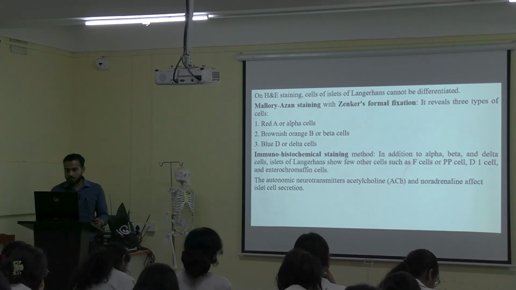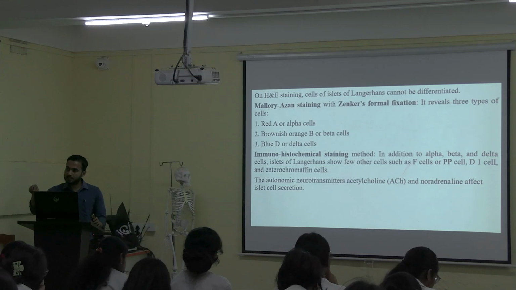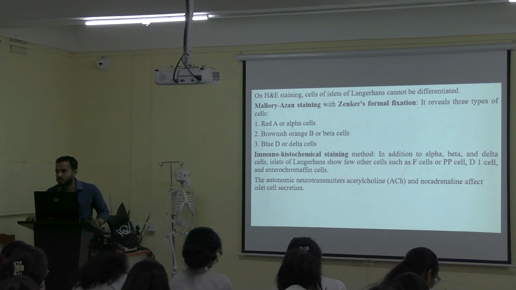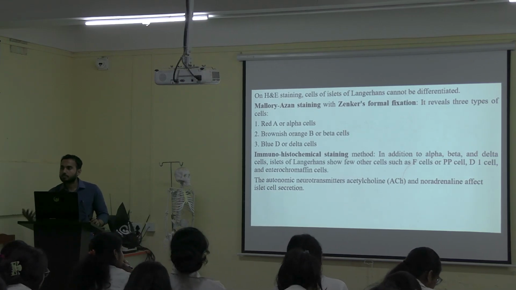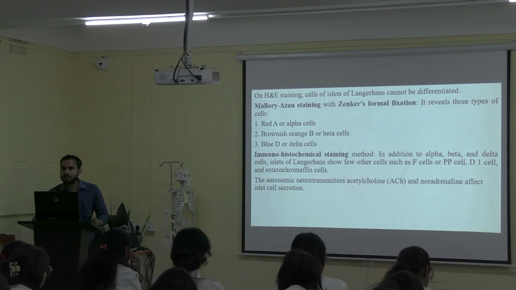Next, if you use H&E stain, you can identify, yes, this is a pancreatic islet, this is an acinus, but you cannot differentiate the different types of cells present inside the islets. For that, what you have to do? A special type of stain is used, called Mallory-Azan staining.